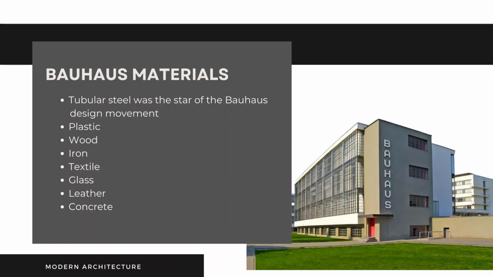The famous materials during this time are tubular steel, which was the star of the Bauhaus design movement, plastic, wood, iron, textile, glass, leather, and concrete.